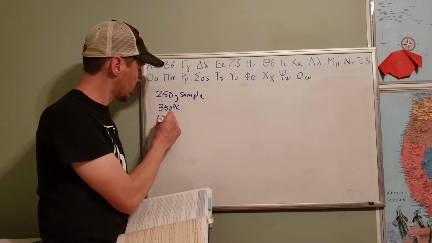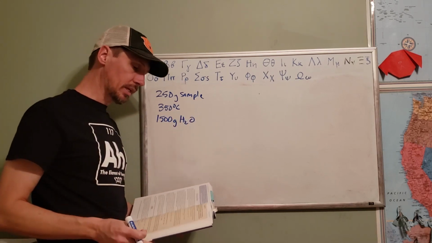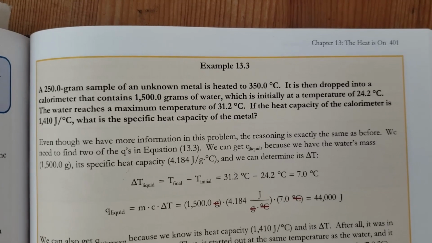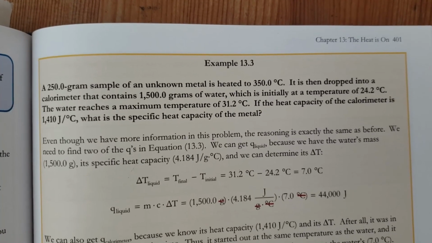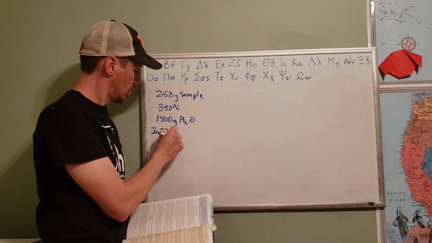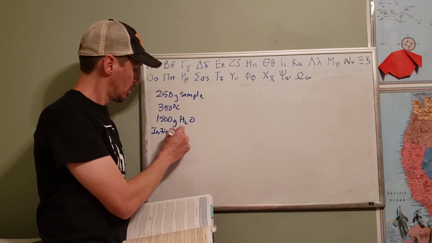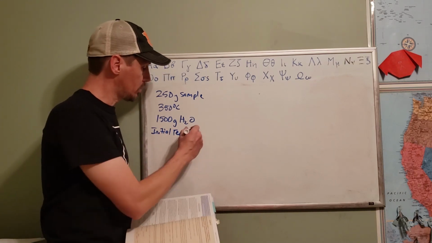That's the liquid in your calorimeter, which was initially at a temperature of 24.2 degrees Celsius. So the initial temp is 24.2 degrees Celsius.